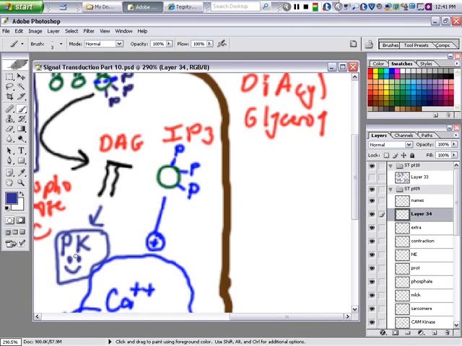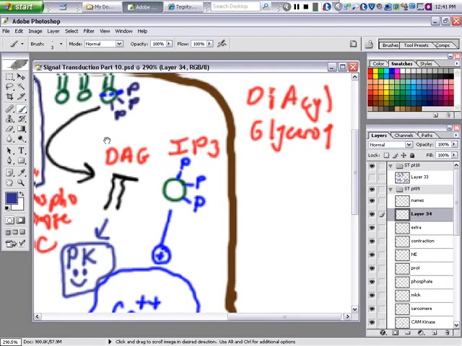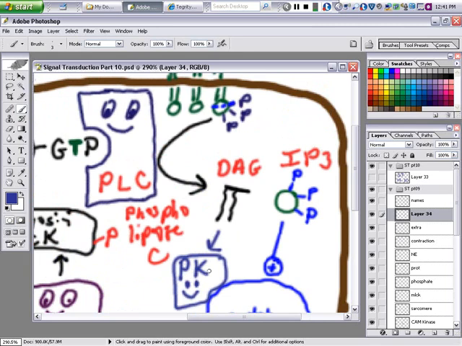If you had to guess, what protein kinase do you think is activated by DAG? What would make the most sense? G. Why G? Okay, glycerol. And what did you say? C?